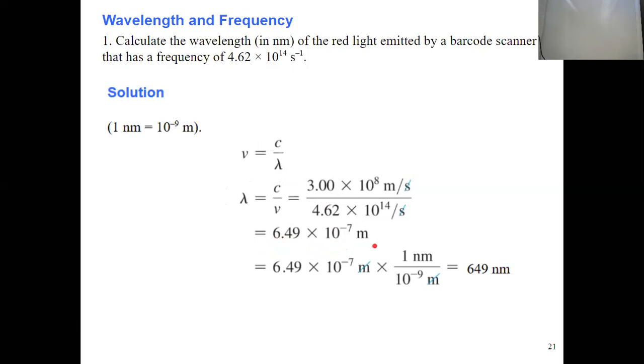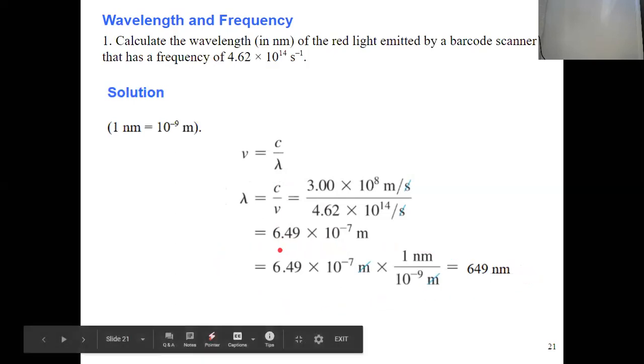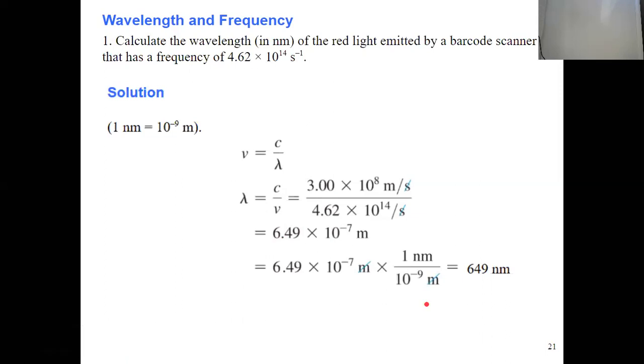Visible light is almost always reported as a nanometer value. So you have to be very comfortable taking this wavelength that's in meters and then immediately converting it into nanometers. Make sure that you practice this conversion. Don't let it confuse you.